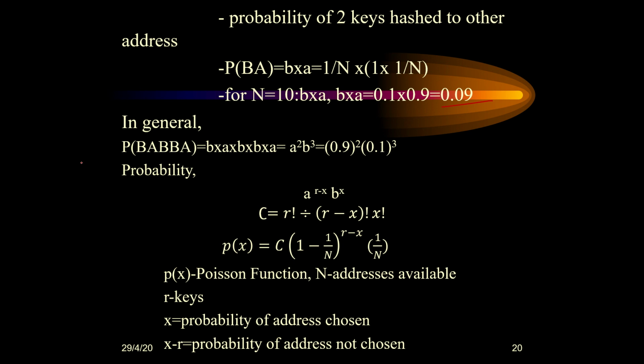So we have seen that in the Poisson distribution, or function, we have a series of functions where we come across the main formula: P of x is equal to C of r, x into (1 minus 1 by n) to the power r minus x into (1 by n) to the power x, where P of x is nothing but the Poisson function, n is the addresses available, r is the number of keys which we need to hash, x is the probability of address chosen, and r minus x is the probability of address not chosen.